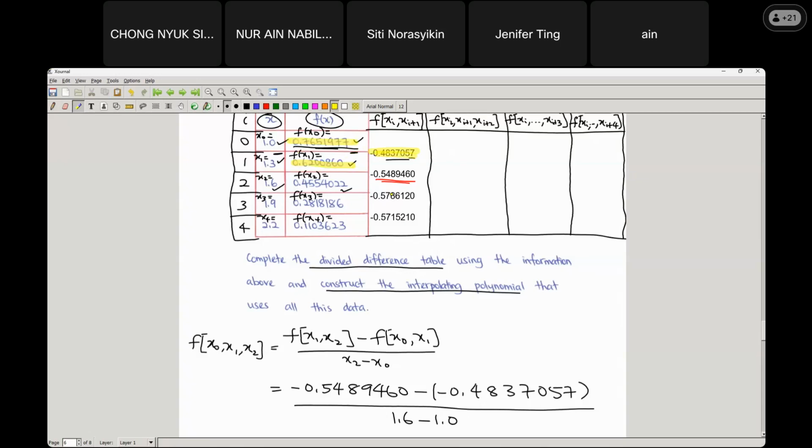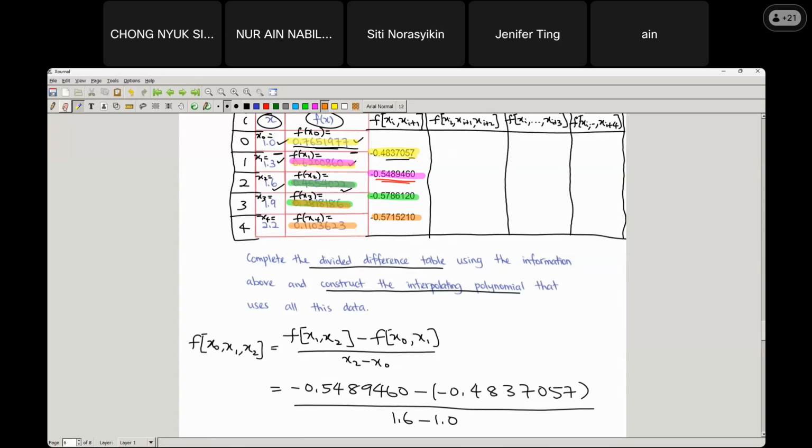Next, we write this value in between these two values. Next, we write this value which is in between this and this value. And the last one is we write this value in between this and this.